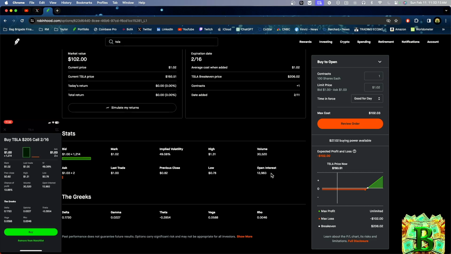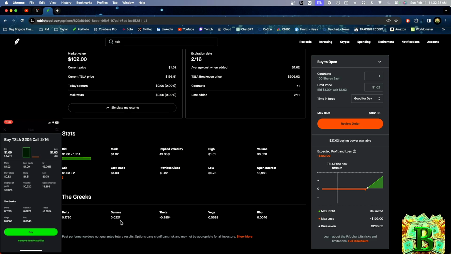You have to be careful. It's almost like the derivatives market is its own market, the options market. It literally is. It moves in its own ways. Like I said with the intrinsic and extrinsic value, it doesn't just reflect the stock price. There are other factors, and these are the option statistics right here.